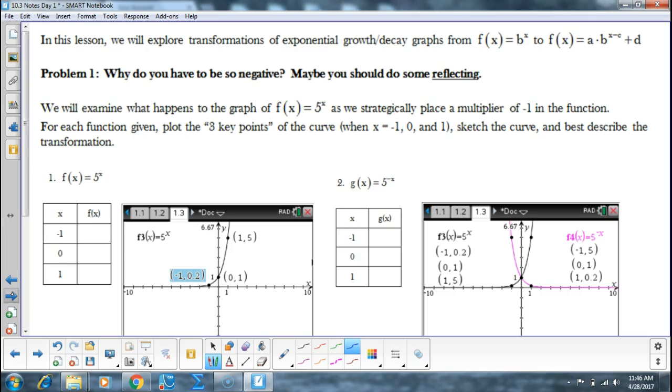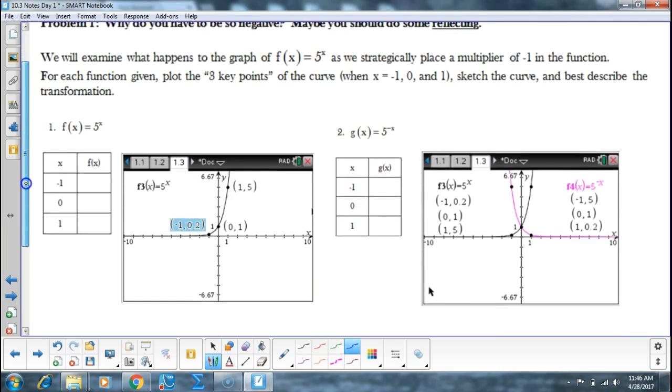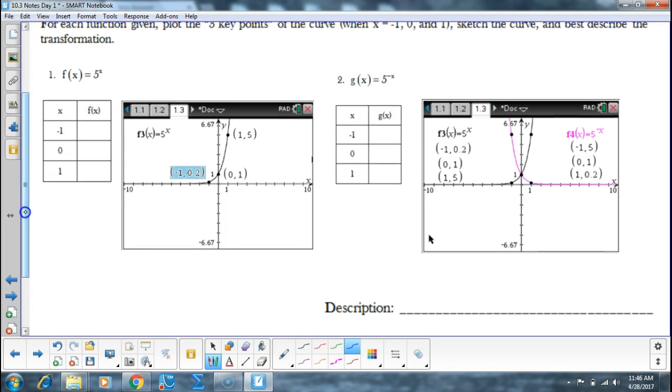So the parent function that we're going to go with for the first 4 is f of x equals 5 to the x power. Then the first thing that we did is we made the exponent negative.